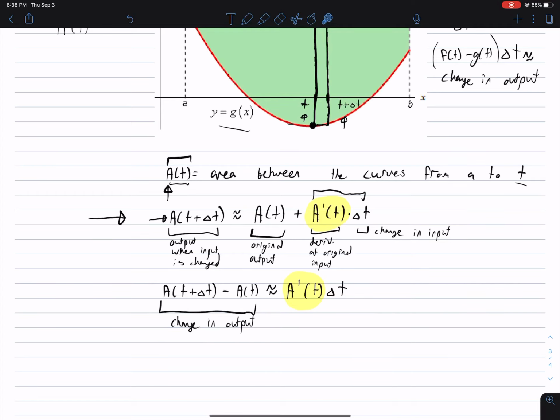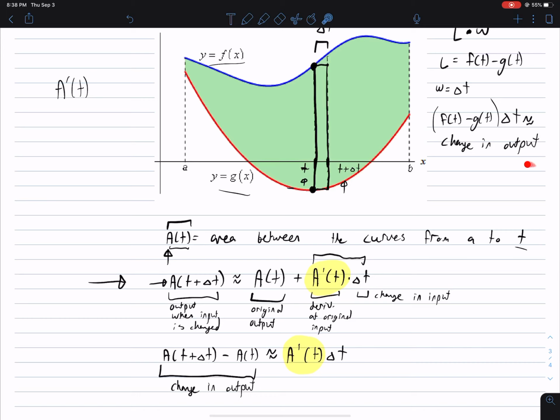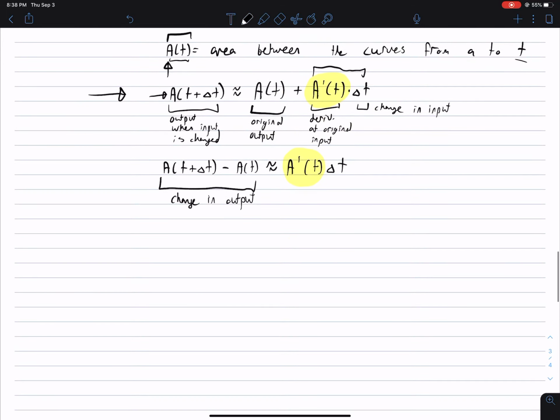So now that we have our change in output, I can substitute it with our change in output from our picture. So that's going to be f of t minus g of t times delta t is approximately A prime of t times delta t, right?